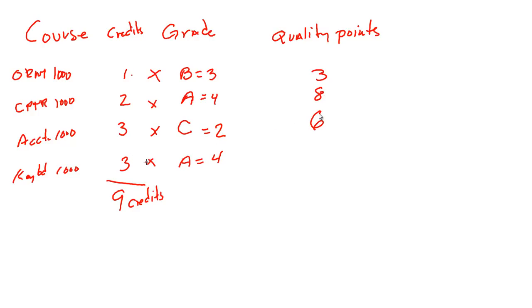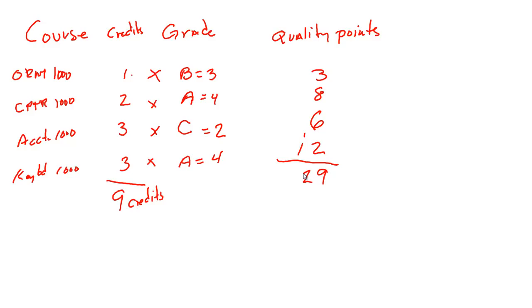And then I got 3 times 4 here for 12 quality points for keyboarding 1000. And so what I do is add up all of my quality points. That's 3, 8, that's 11, 6, 17, 19, carry the 1. So I'll have a grand total of 29 quality points.